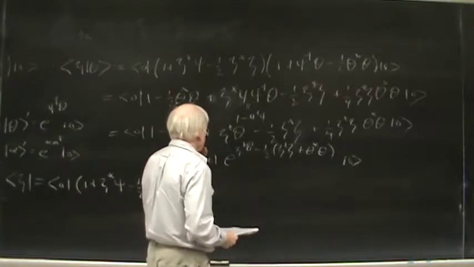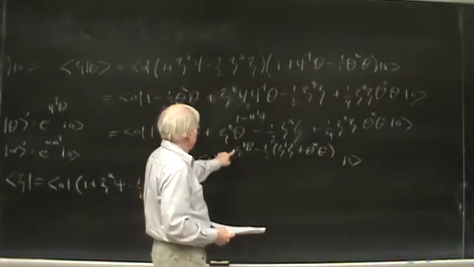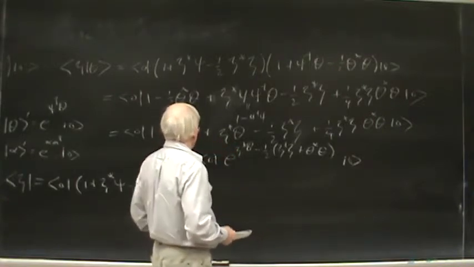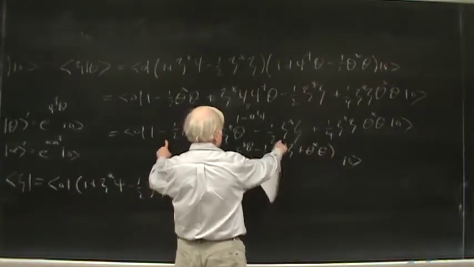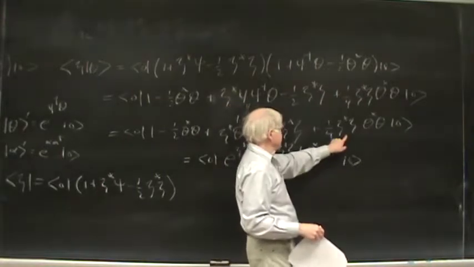And so, expanding this, the first term gives us the 1. The linear term gives us that. And then the linear term in this gives us these two terms. The square of this term gives us that term.